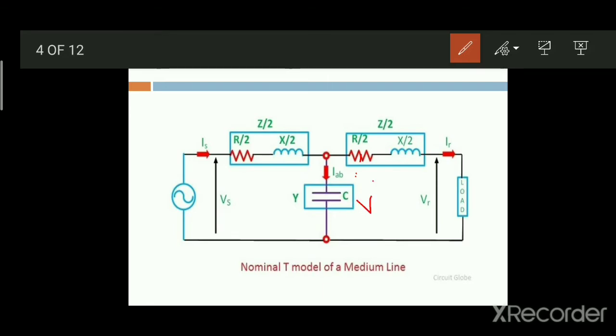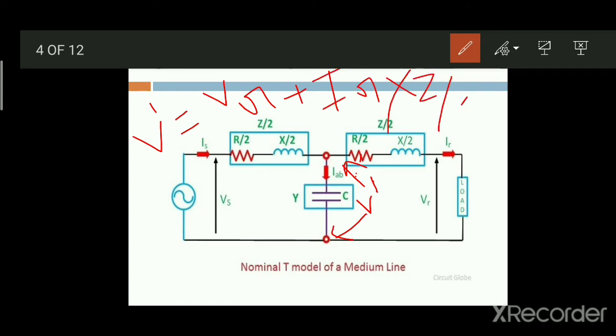This is the voltage across the capacitance, that is the V dash. Therefore, V dash is equal to VR plus IR into Z by 2. Okay, this is the formula for that V dash.